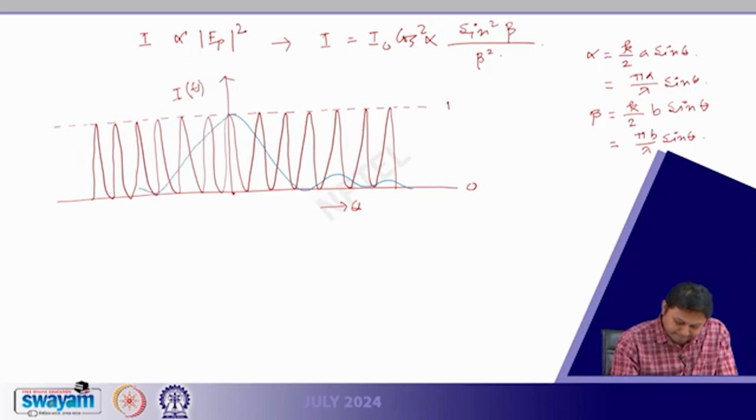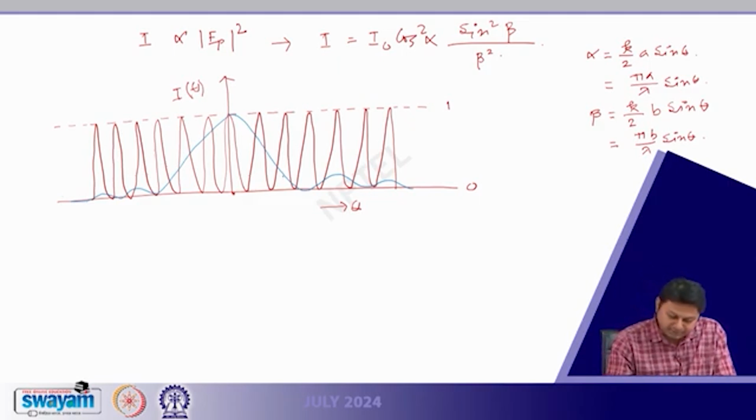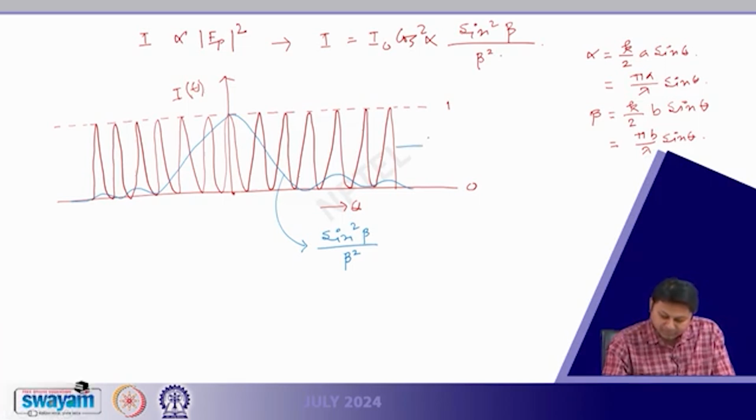So, the blue line is sin square beta divided by beta square plot, and the red line, this one, is cos square alpha. This is the plot.